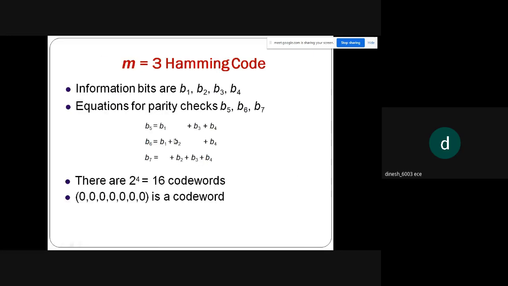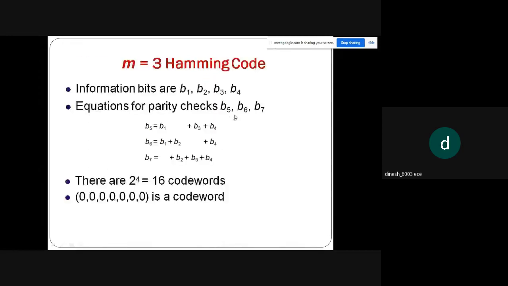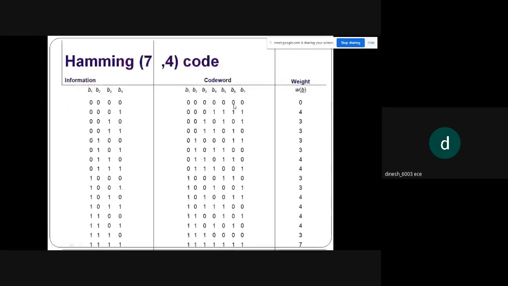Then if you go for B6, B6 is B1, B2, B4. You can see that, for example, B6 is this. This is derived from B1, B2, B4. You take B1, B2, B4, you'll get the B6 bit. Okay.